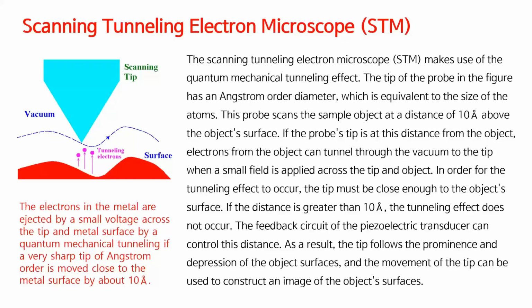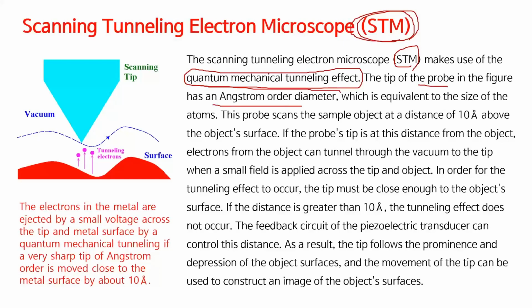Next, let's see the scanning tunneling electron microscope, STM. The scanning tunneling electron microscope, STM, makes use of the quantum mechanical tunneling effect. The tip of the probe in the figure has an angstrom order diameter, which is equivalent to the size of the atoms.